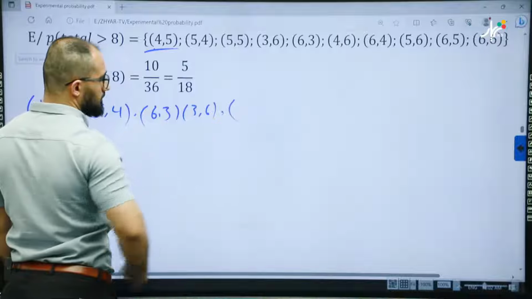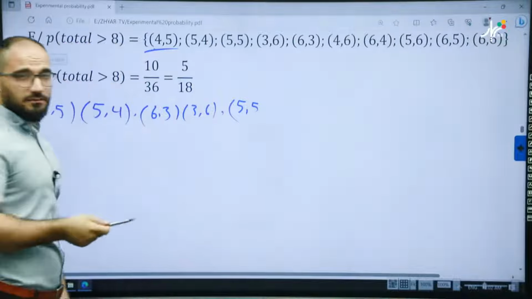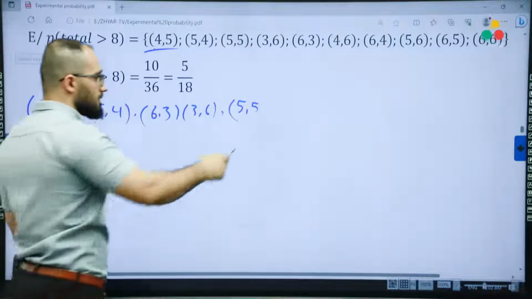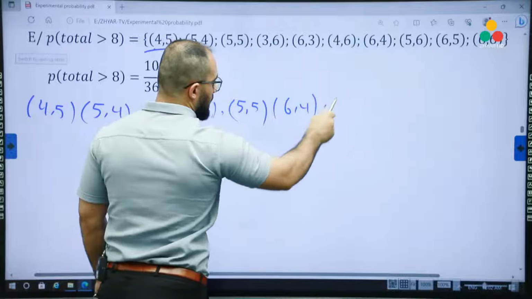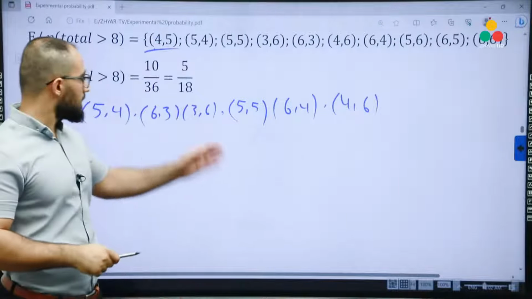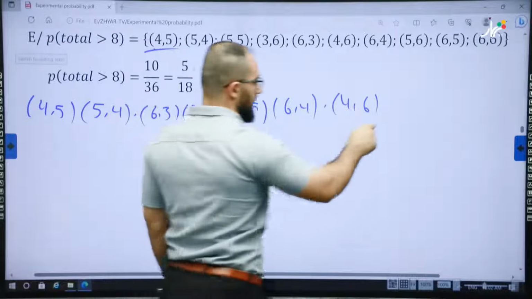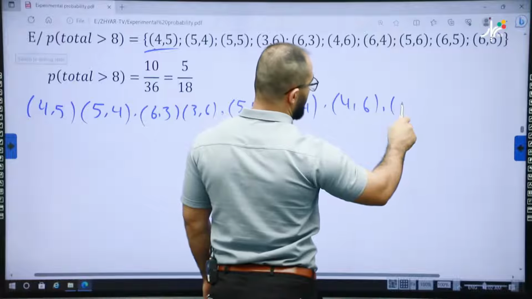Then 5 and 5, because 5 plus 5 is 10, greater than 8. Then 6 and 4, 4 and 6. 4 plus 6 is 10, so 10 is greater than 8.